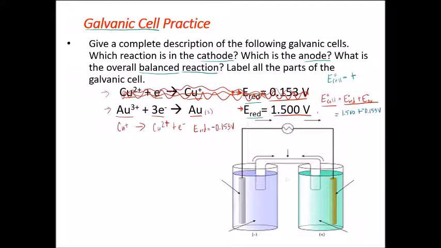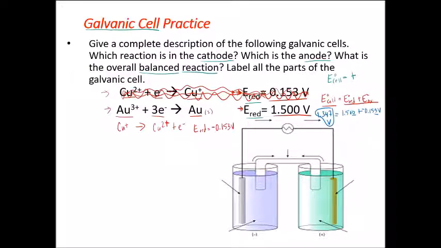So our E cell is at 1.347 volts. This is the E cell. And do remember, this goes out 3 decimal places for both, so when you're adding and subtracting, that's what you would use for your significant figures.